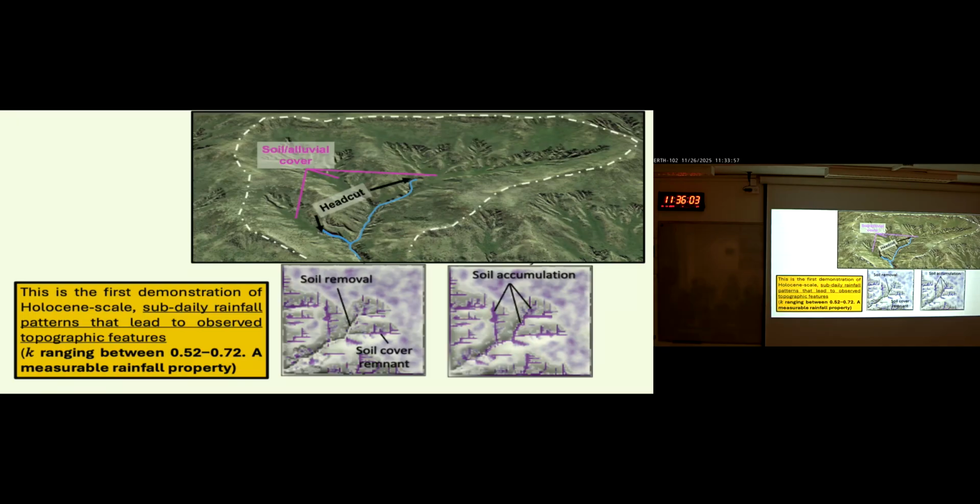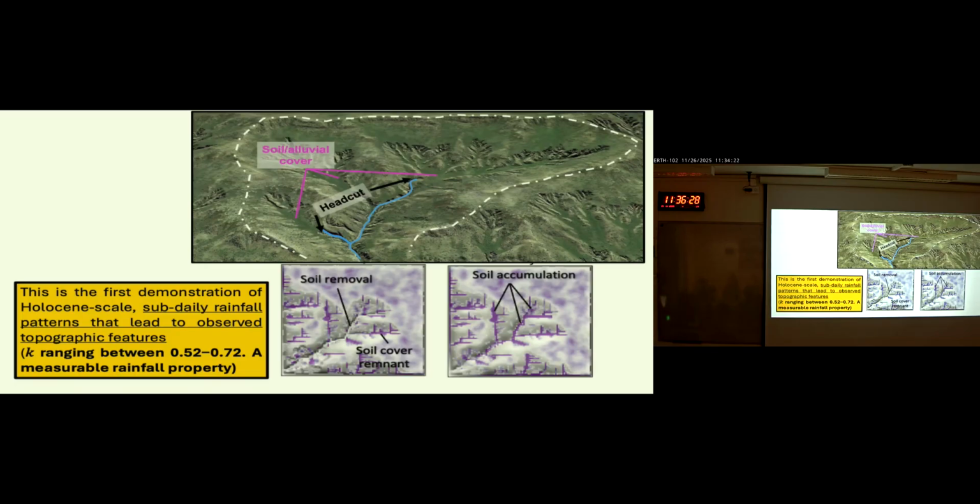So this is, at least based on my knowledge, the first demonstration that we took a Holocene scale sub-daily rainfall record assigned to specific hypotheses that leads to a pattern that we can actually measure and examine directly against the simulation at a meter scale spatial resolution.